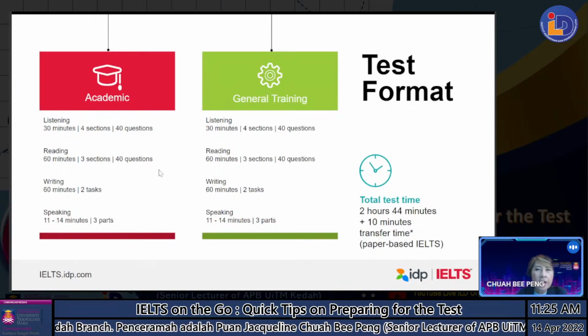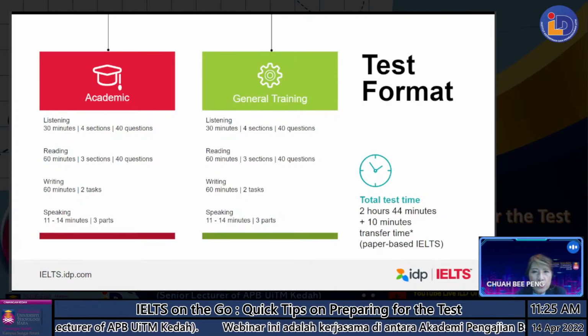That is why, back to the earlier reminder, if you have an option of choosing between the two, always consider general training because the reading module is easier.